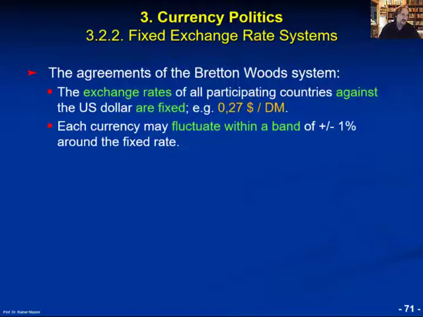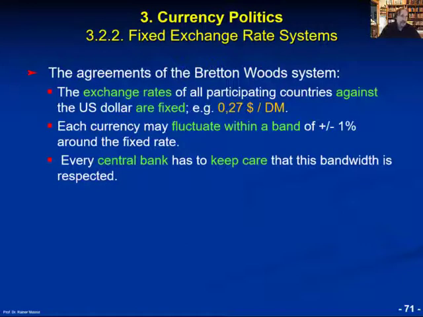Each currency was allowed to fluctuate around this fixed exchange rate within a band of plus minus 1%. Every central bank has to keep care that this bandwidth is respected.